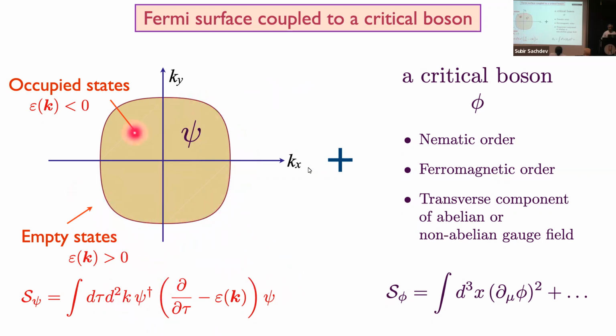And the Fermi surface is a locus of points where epsilon k goes to 0. So this is a large momentum. And there's a scale here, which is the Fermi wave vector. So I can't quite think of this as a continuum quantum field theory. But hopefully in the end, we come up with a description where there's some continuum understanding.